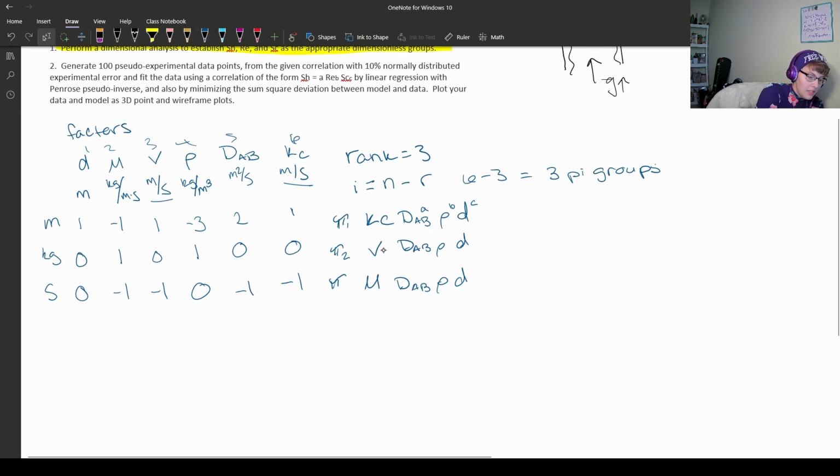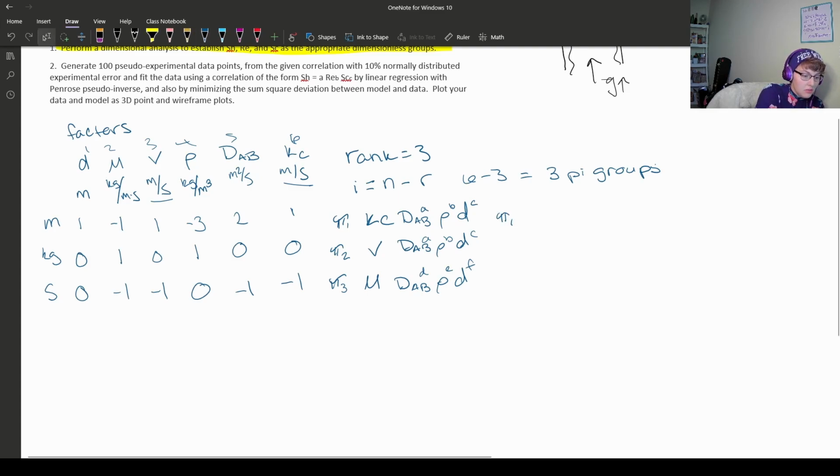Since Kc and velocity have the same units, these will end up being the same, so I'm just going to leave the same variables. So we have A, B, C, and then for the third group, we have A, B, C, D, E, and F. So let's go ahead and determine what A, B, and C are.